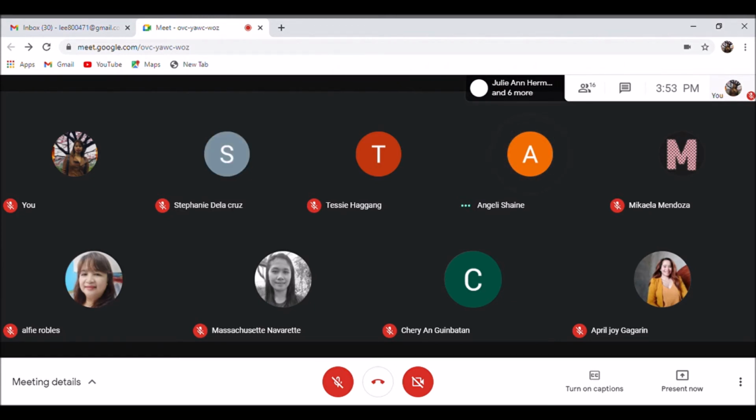NCP na ba? Yung diagnostic, hindi pa tapos. NCP na ate. Wait lang ha. Buksan ko lang yung sa amin. Dito slides.